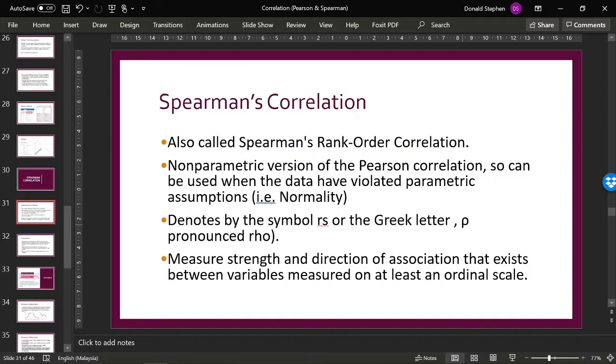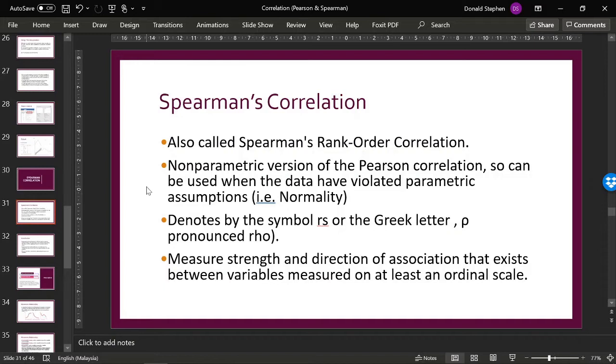It also measures the strength and direction of association between variables. It can be two variables or more, but here we can use the ordinal scale, not just continuous. You can use continuous data as well, but you can also use ordinal data here.